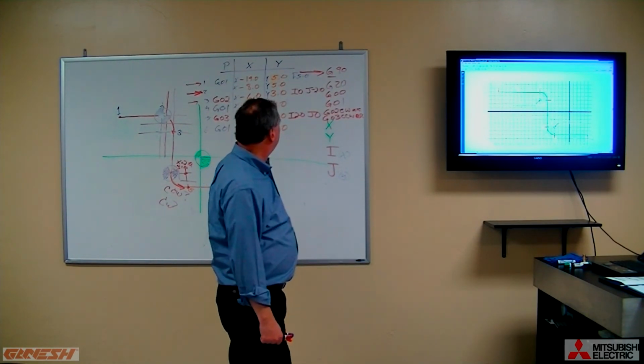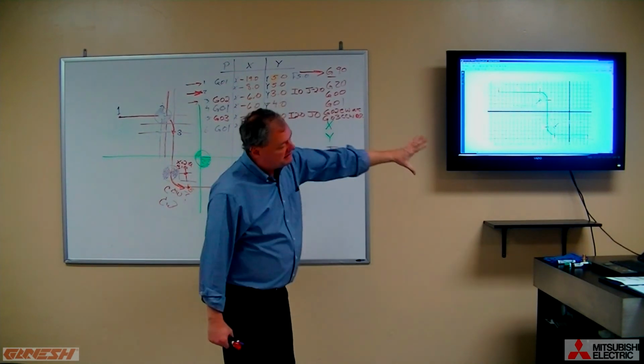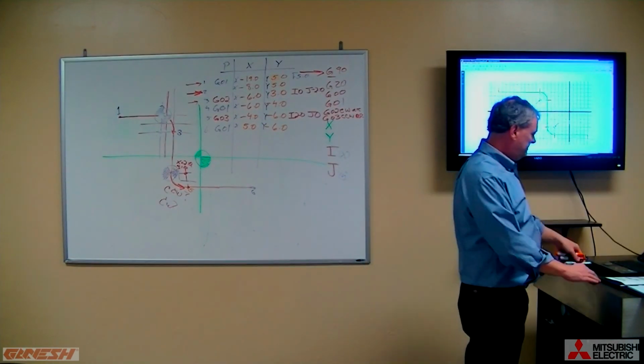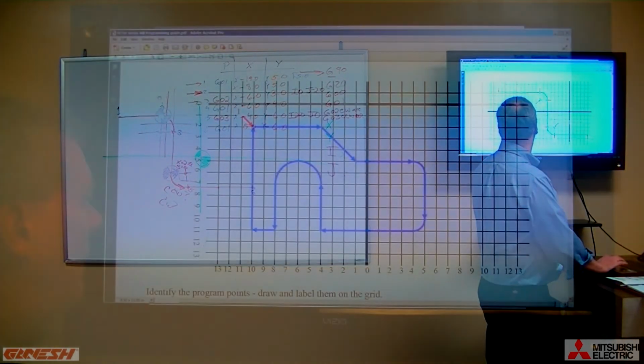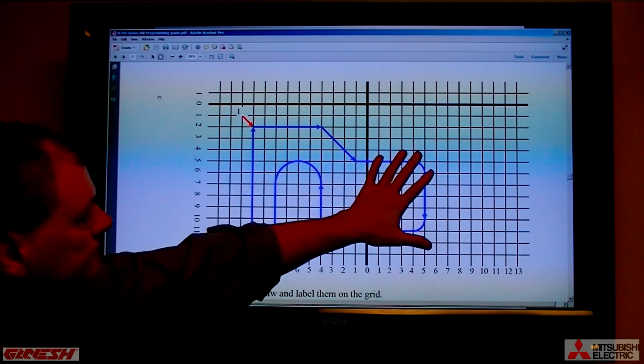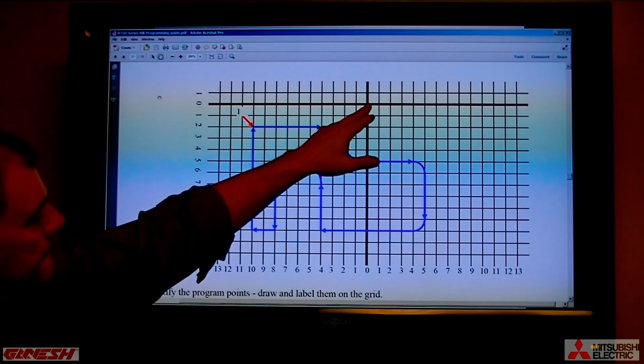So that is what we now take a step further. We're talking about circles, circular interpolation. We have a little exercise for you to try at this point. Page number 27 of the manual. Here is our part. Here's our datum.